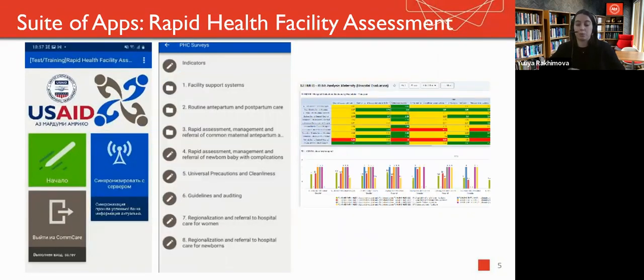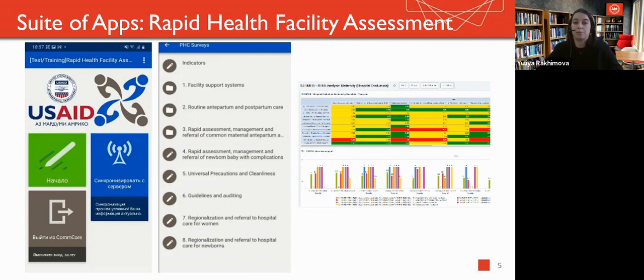We digitized the World Health Organization's Rapid Health Facility Assessment during project startup and created an app. This application is used to assess facilities and provide a balanced scorecard for maternal, newborn, and child health services. This assessment is over 2,200 questions, and previously this was paper-based and took 6 months from conducting the assessment to analysis.